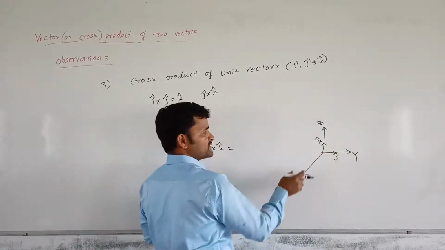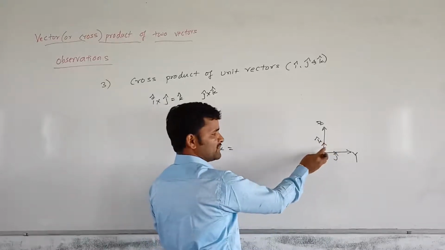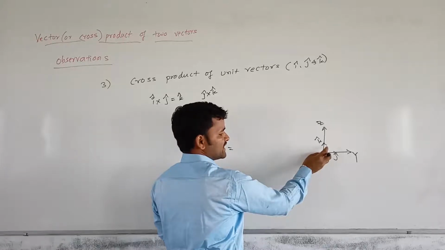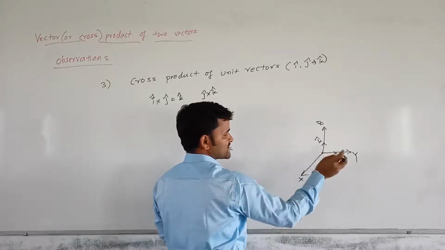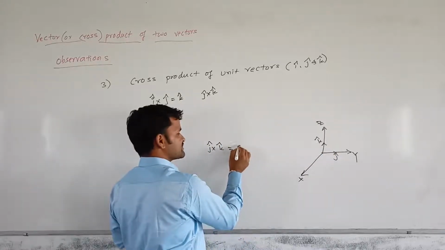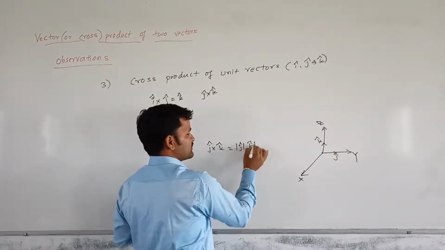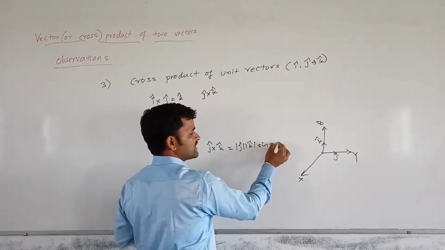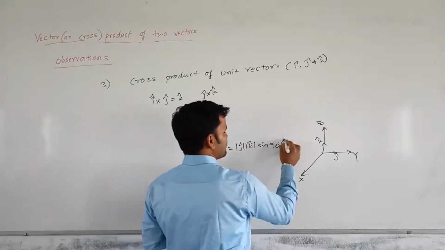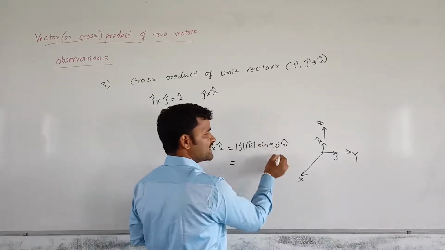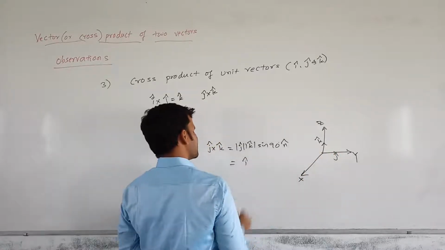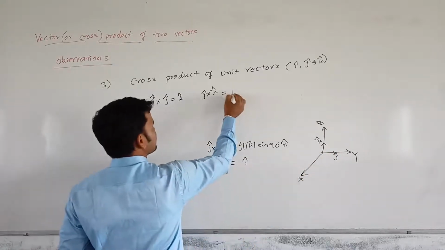Both are perpendicular to each other, and the product of these two will be along which direction? It will be along the x axis. I can go with the definition also. Magnitude of j, magnitude of k, into sin 90, since the angle between the y axis and z axis is 90 degrees, into n cap. This is one only. n cap will be i cap, along the x axis. So j cross k is equal to i cap.